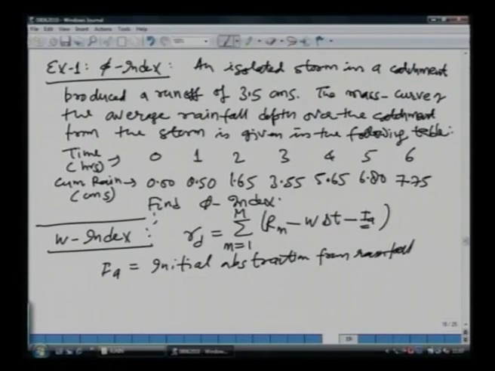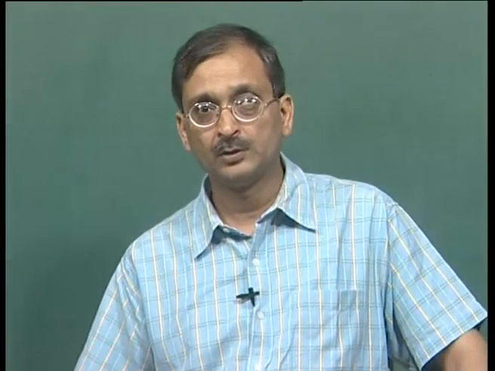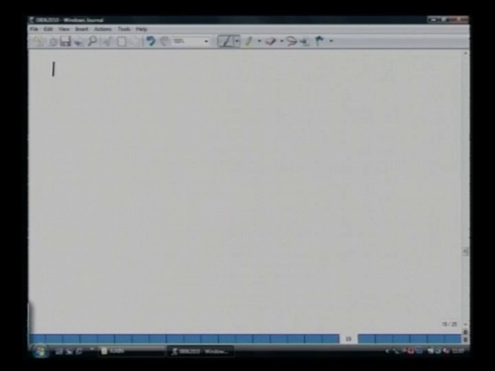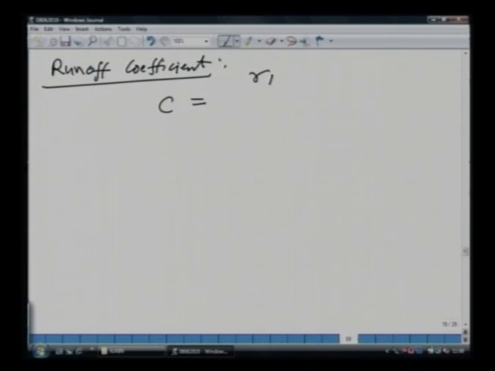There is another way of accounting for abstraction. We have another coefficient, which we normally represent in a catchment, called the runoff coefficient, which is another way of accounting for abstraction. So, the runoff coefficient we can calculate, which is defined as C is equal to RD, the runoff depth, divided by the summation from m equal to 1 to capital M of Rm, or the total rainfall.